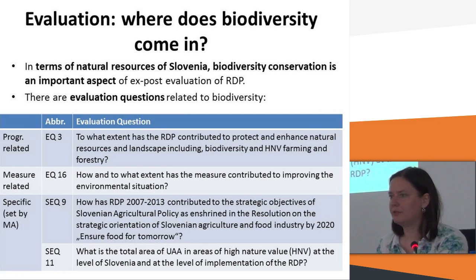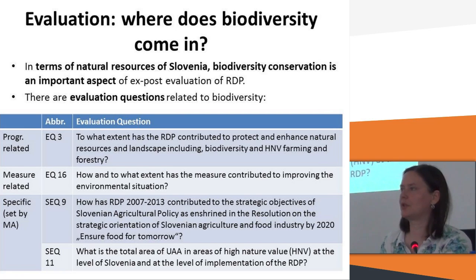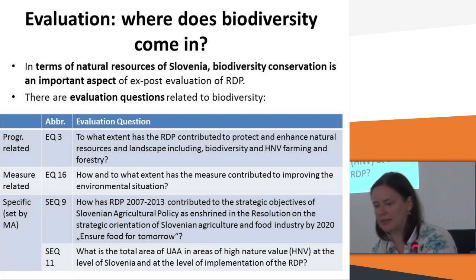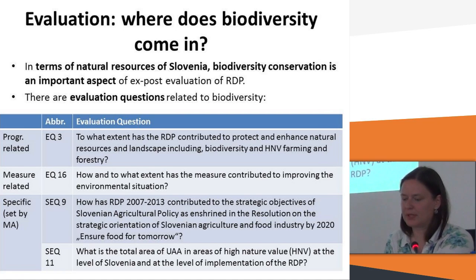And we have in fact 4 evaluation questions that are related to biodiversity. 2 were set by the managing authority. One wants to check how the RDP helped to implement Slovenian agricultural policy, which also has some preservation of natural resources there.